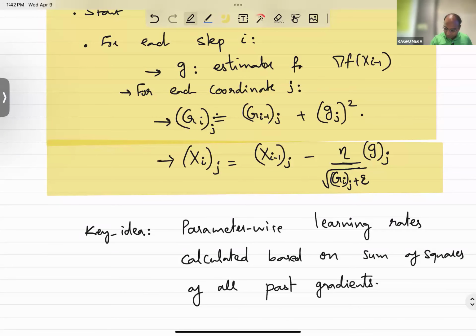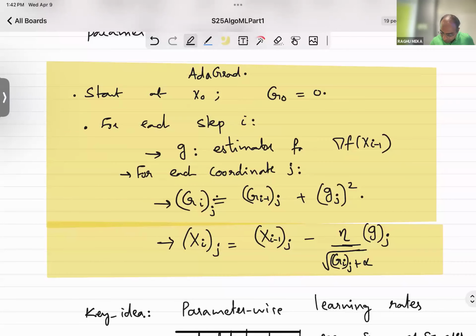Okay, maybe let me not use epsilon. Let me just say alpha, where alpha is some fixed value, maybe 10 to the minus 3, because I'm fixing it so that I don't divide by 0. Does it make sense? Simple enough heuristic, but it's quite useful.